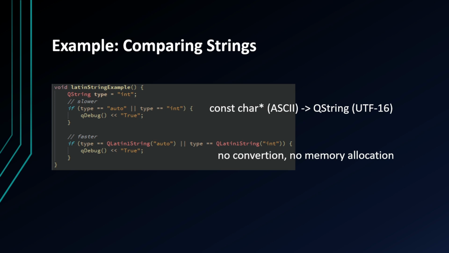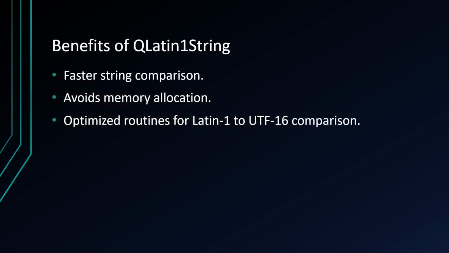This class is a lightweight read-only string wrapper for the ASCII or Latin1 encoded string literal. Here it compares the QLatin1String object directly to the QString without converting it. Comparison is faster because it avoids memory allocation and leverages optimized Latin1 to UTF-16 comparison routines. It means that it just makes it faster.